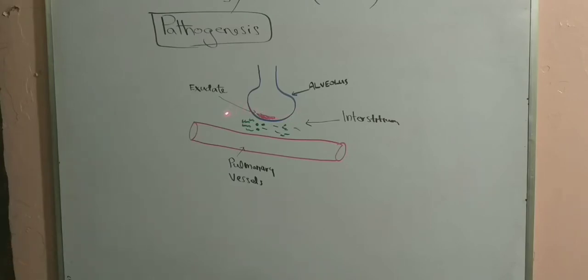So this pathogenesis involves not only the inflammatory process, but this inflammatory process is later followed by the development of fibrosis, which permanently remodels the lungs and especially the alveoli.